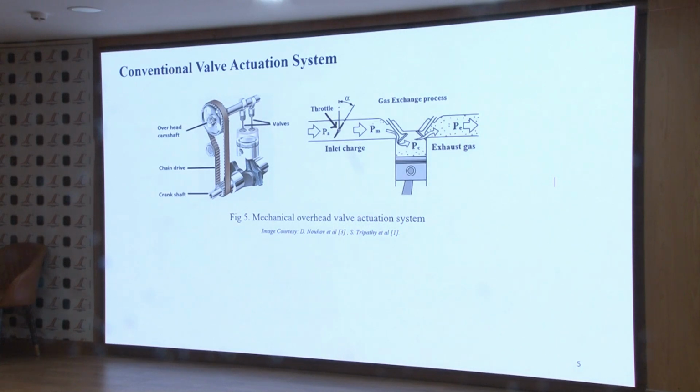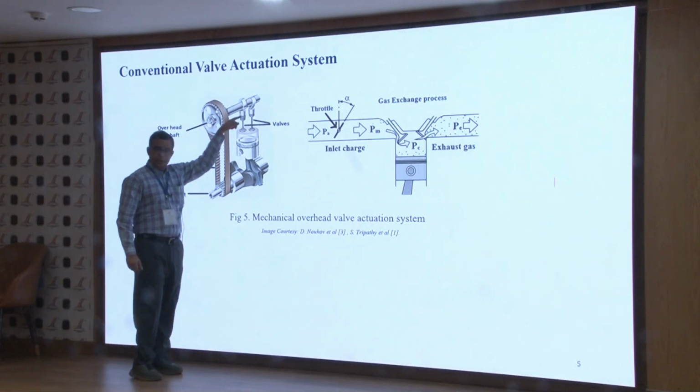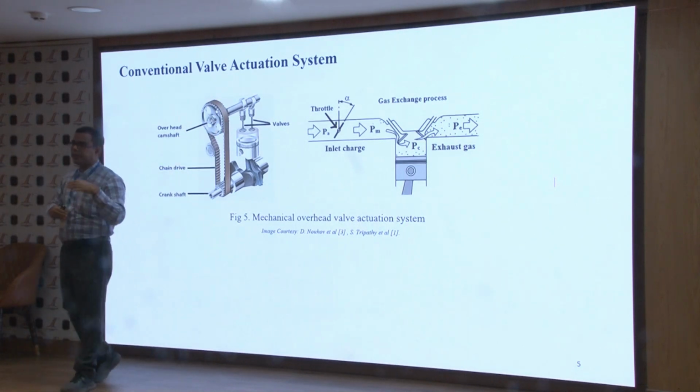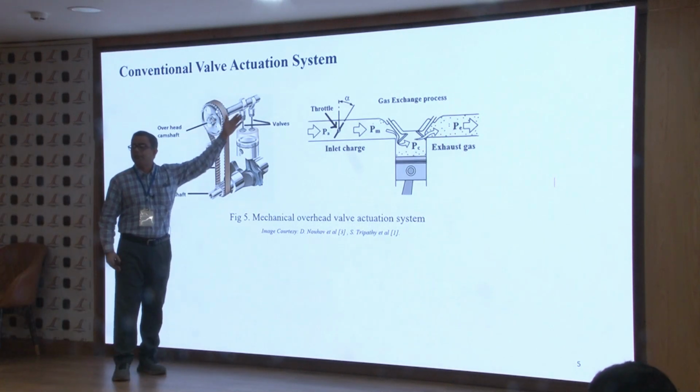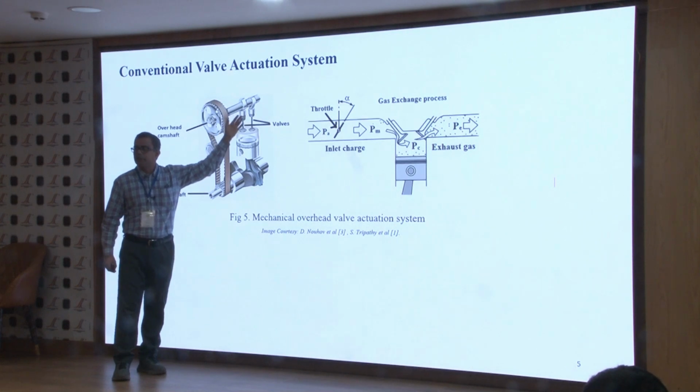The third point is that valve actuation plays an important role in the gas exchange process. The valve is governed by the camshaft, mostly overhead camshafts. But the problem with this conventional valve actuation system is that the valve events, like opening and closing, the valve lift and the valve duration, are fixed irrespective of the engine speed. They are fixed for an engine.